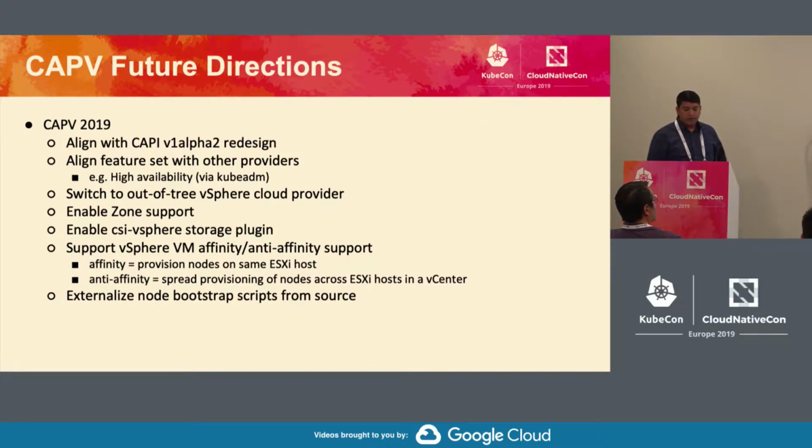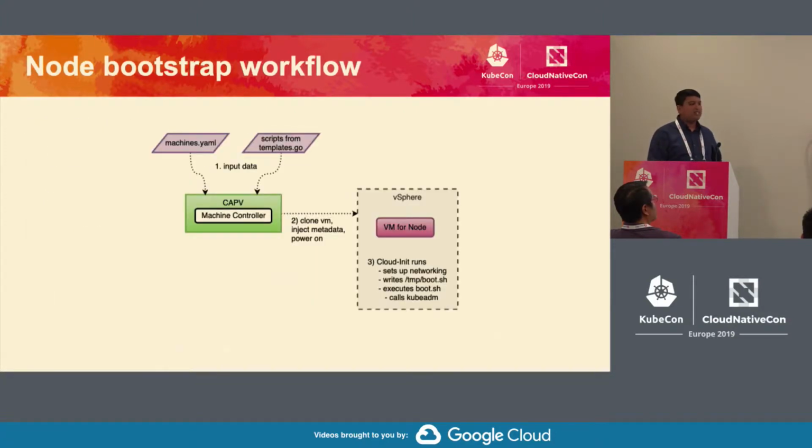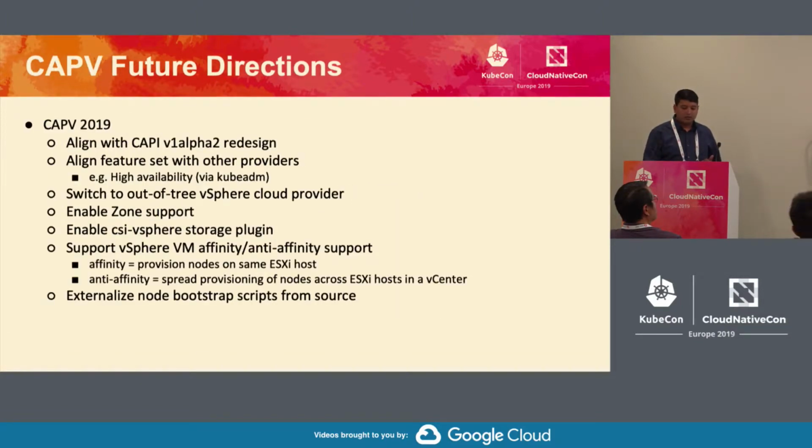The last point touches upon the scripts in templates.go, if you go back to the last diagram that I showed. It's not very useful because right now they're hardcoded in the Go templates. If you have to adapt something, you have to modify the source code, which is less than ideal. So one of the things we want to focus on is to externalize that in a way that you can easily modify it, so that you can adapt to your needs real quick.